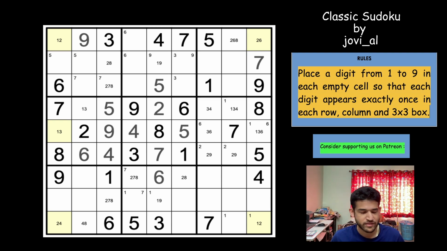Yeah, it can be. I'll show you how. A very, very nice logic here. So I'm going to show you that this highlighted cell here can never be a 2. Yes, and how do you go about that?